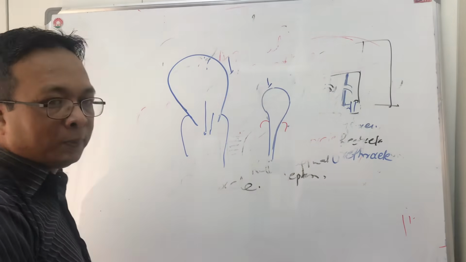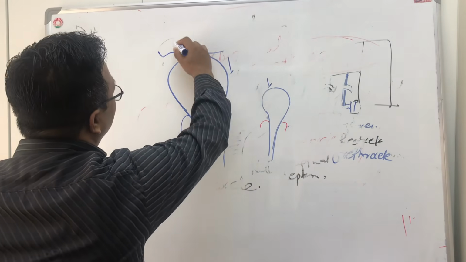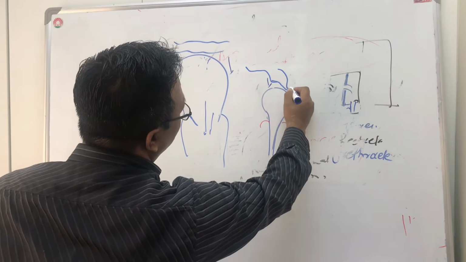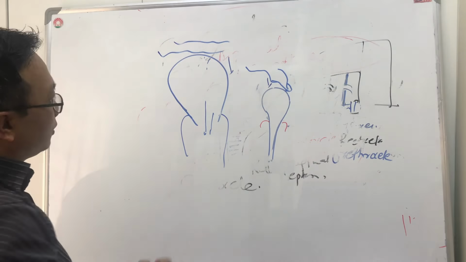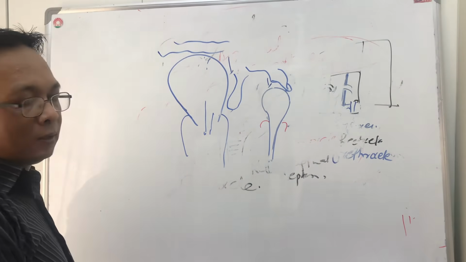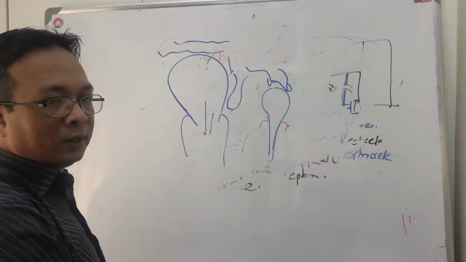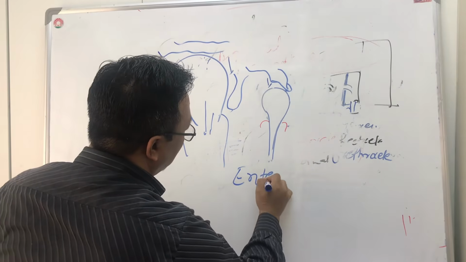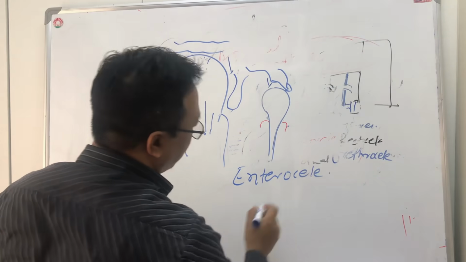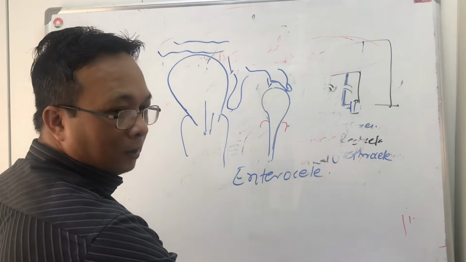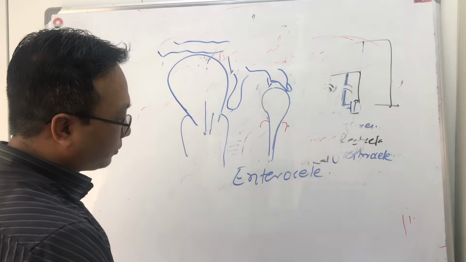What was at the top of this uterus? There are coils of intestine. These coils of intestine can also prolapse. When the coils of intestine also come with it, it can cause enterocele.